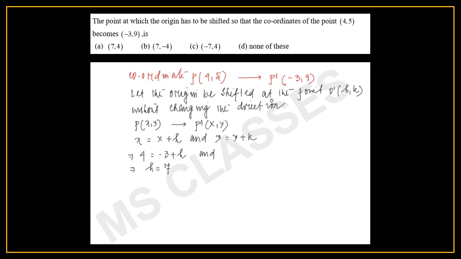Small y is 5, capital Y is 9, plus k. So k equals minus 4. So the origin has to be shifted to the point 7 comma minus 4, so that the point P, which is 4 comma 5, changes to minus 3 comma 9.